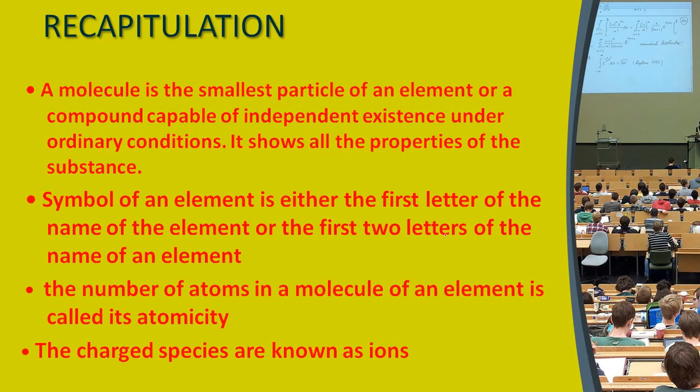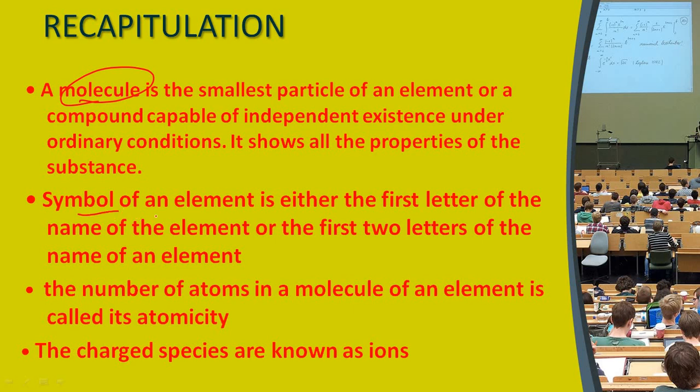So in this chapter, in this class, we have studied that a molecule is the smallest particle of an element or compound capable of independent existence under ordinary conditions. When two atoms combine with each other, they form a molecule.